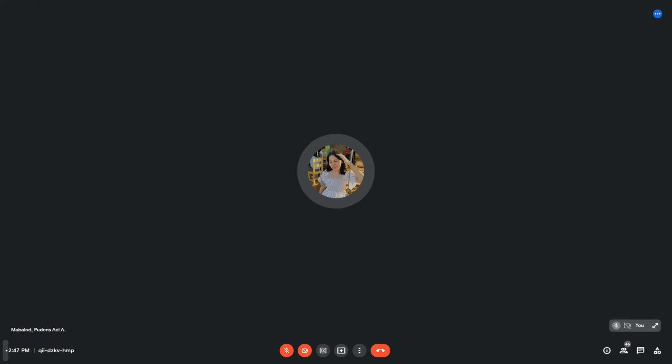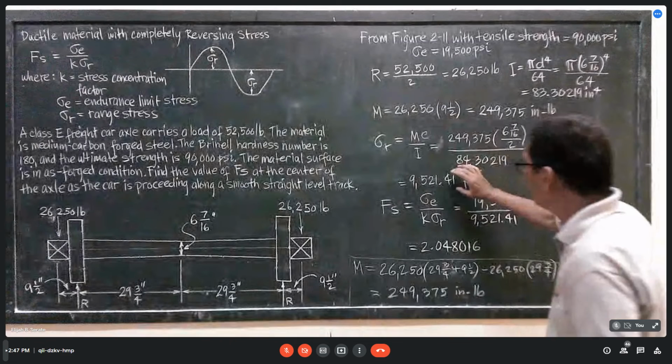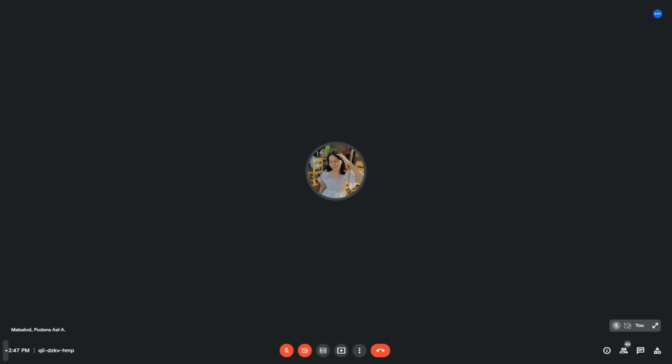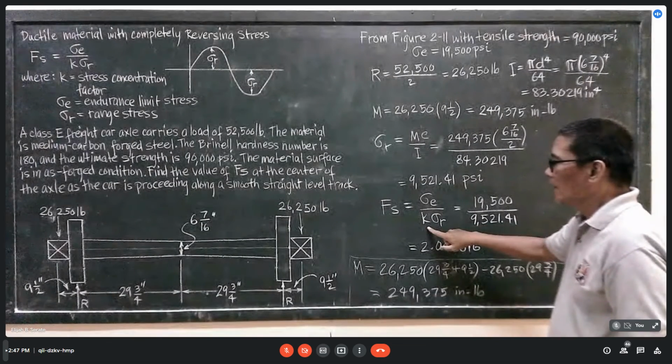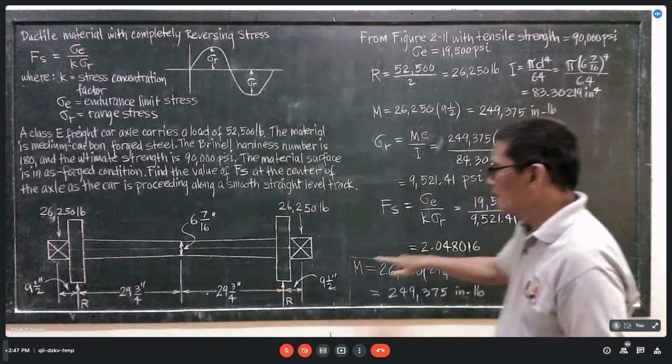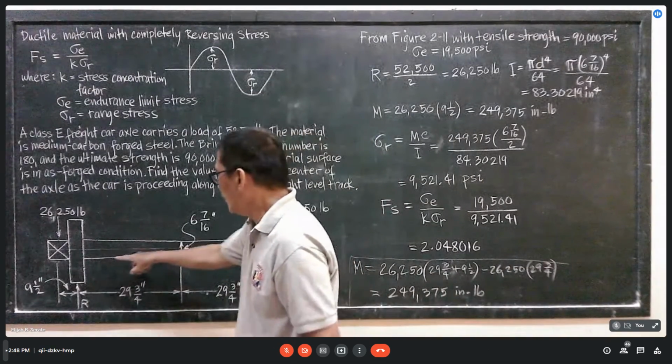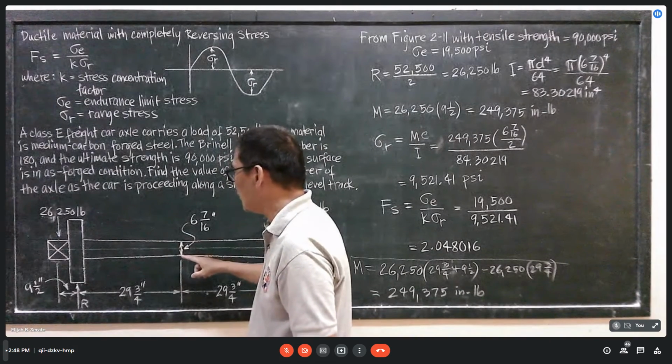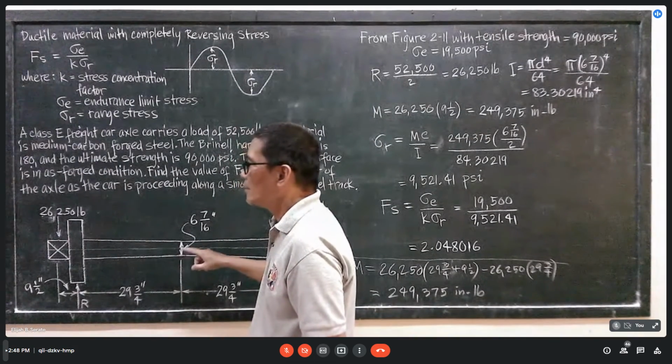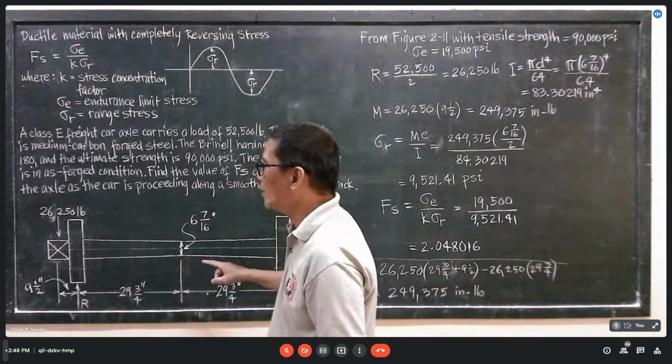Excuse me, sir. Yes. I would like to clarify the factor of safety, sir. This 9,521.41, the sigma R is the range stress. So the K has a 1 there. You're talking about this one? Yes. Now, the K is 1, as I have mentioned, since there is no mention of abrupt change of cross-section, then our stress concentration factor is equal to 1.